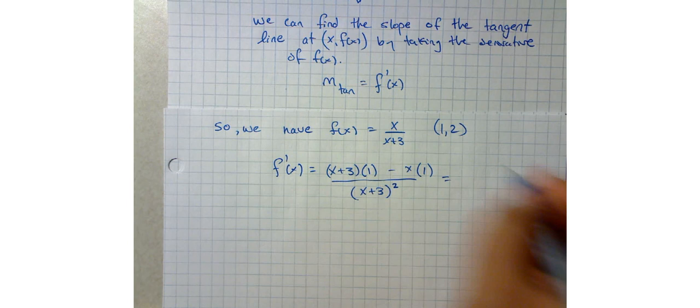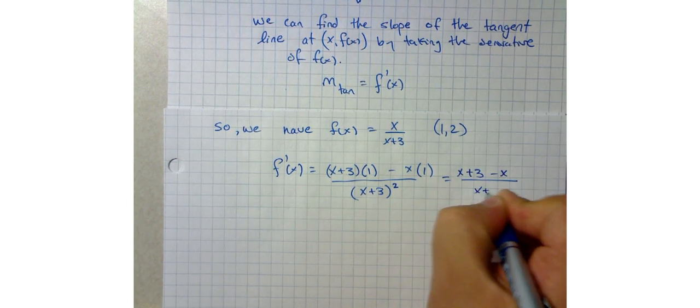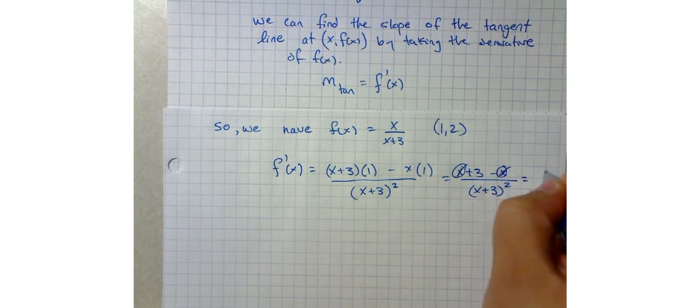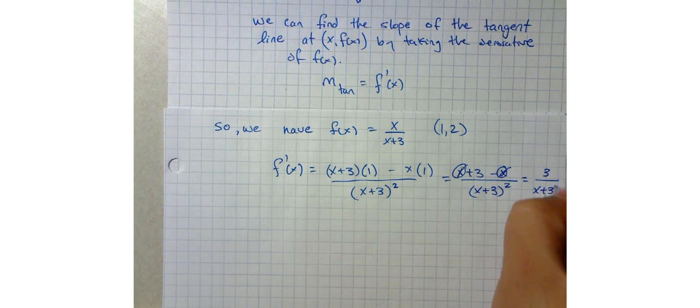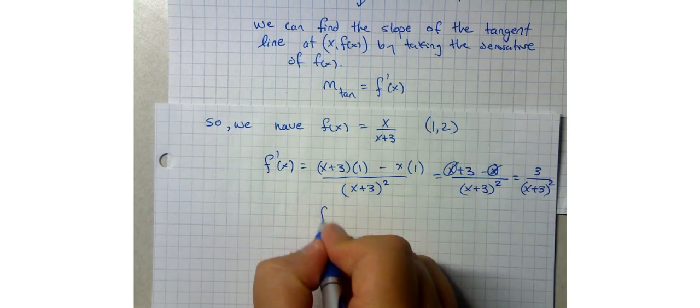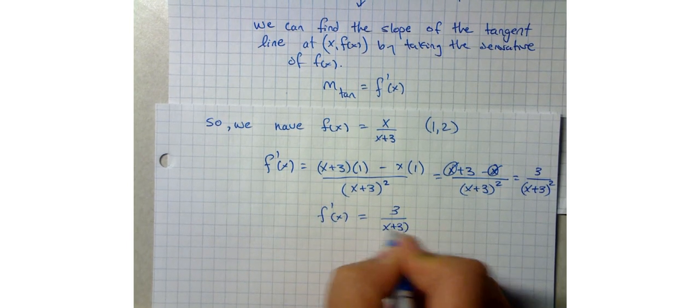This simplifies to x plus 3 minus x over x plus 3 squared. These x's cancel. This is equal to 3 over x plus 3 all squared, and that is f prime of x. So f prime of x is equal to 3 over x plus 3 squared.